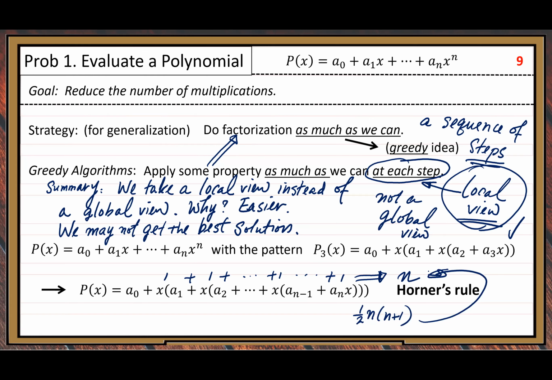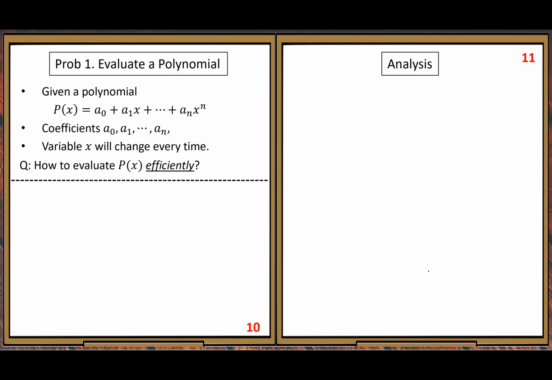So the next thing we need to look at is how big the reduction is. How big is the improvement in our algorithms? For that discussion, I want to show you the impact of this multiplication reduction.